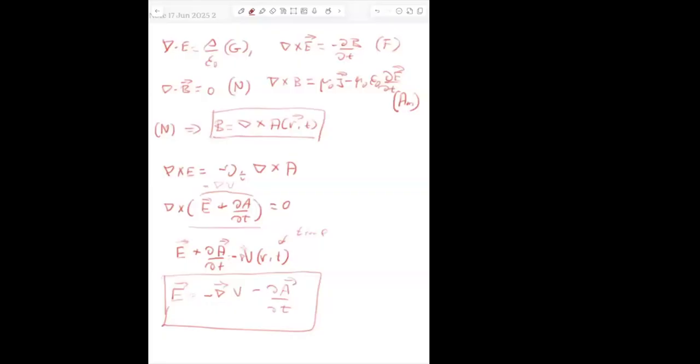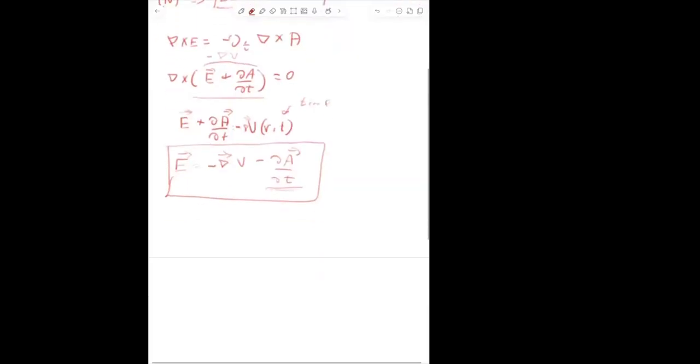One of them is a vector A, another one is a scalar V. But when we calculate the electric field, we need to take into consideration the time dependence of A. This is the new term here, and this means that usually you are used to the fact that in order to calculate the electric field, it's enough to calculate the potential. Well, this is not true anymore. Now we need to calculate both in order to get the electric field, while B remains perfectly as usual.